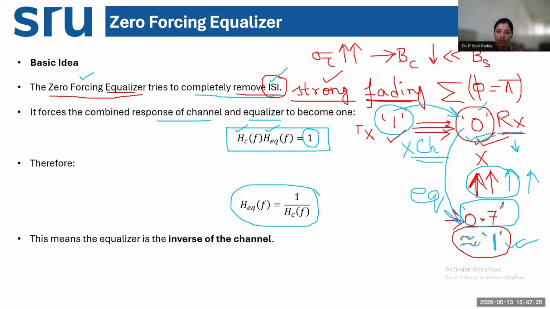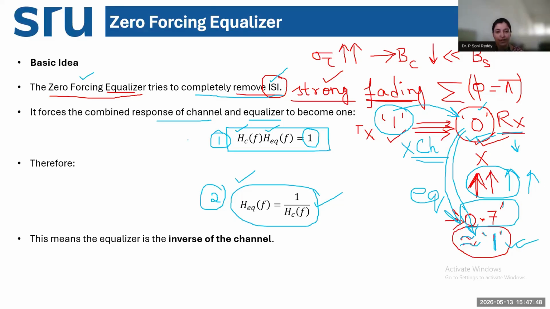Reverse means from the 0, it will try to recreate a 1, the actual data. So it is actually acting as an inverse to the characteristics of the channel. So equation 1 and equation 2, both are very, very important for your zero forcing equalizer.